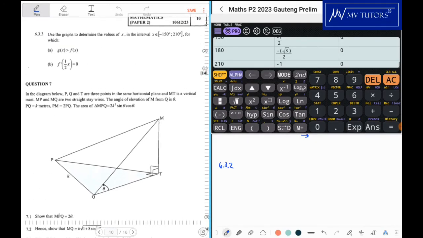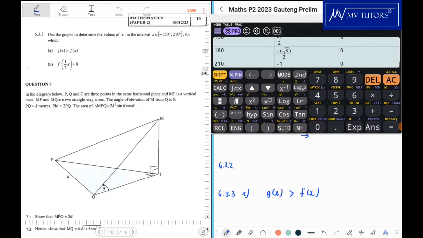So now 6.3.3. Oh, this question went by quite a bit fast. So use the graphs to determine the values of x in the interval of negative 150 and 210, for which the y values of g are greater than the y values of f.